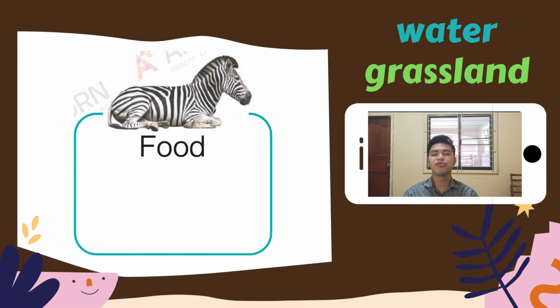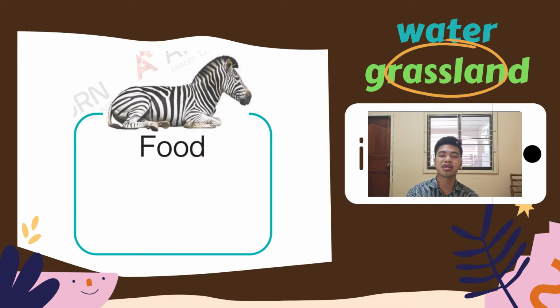For number 2, we have a zebra. Look at the zebra. It's a black and white animal. Where does the zebra live? A, in the water, or B, on the grassland? What do you think, kids? Very good. The zebra lives in the grassland.